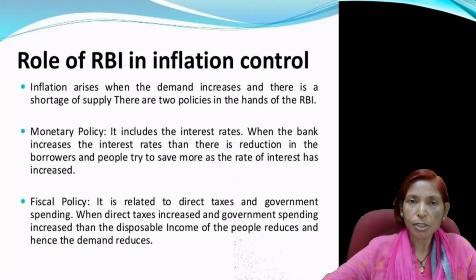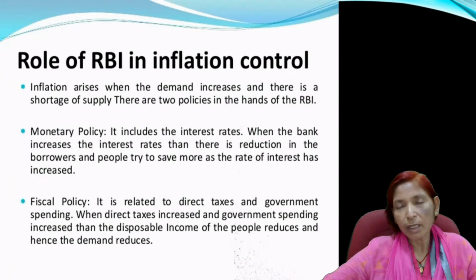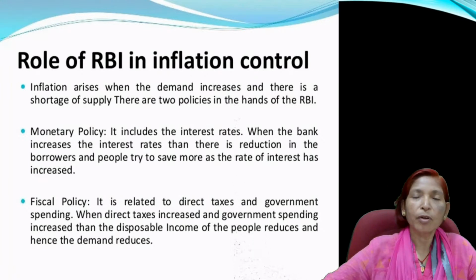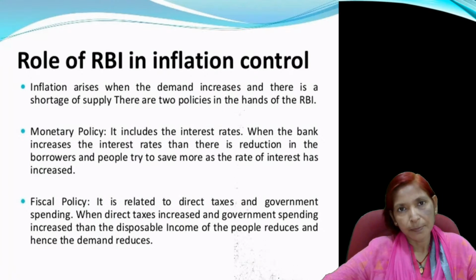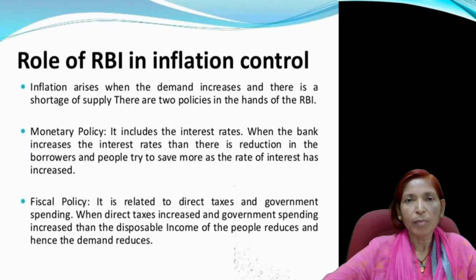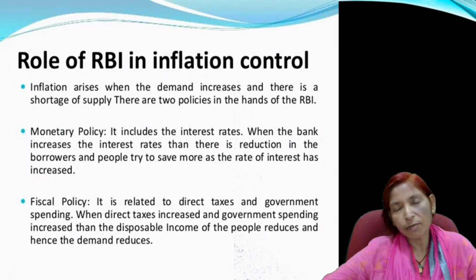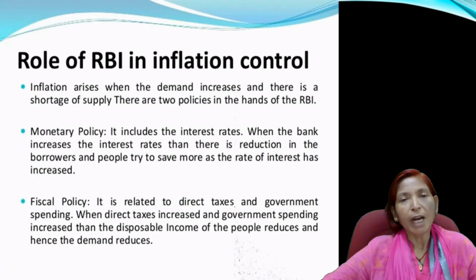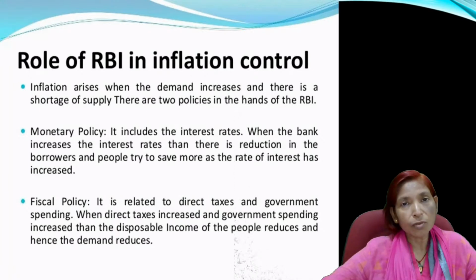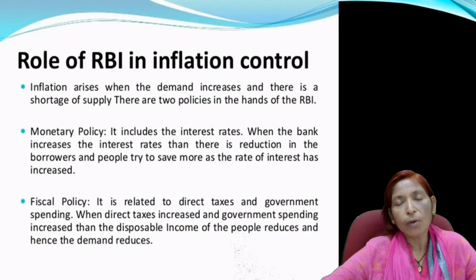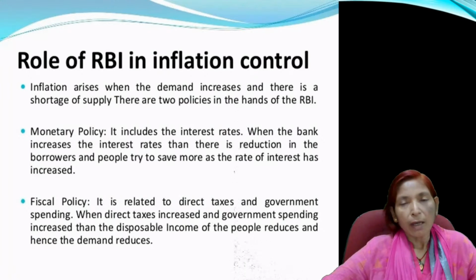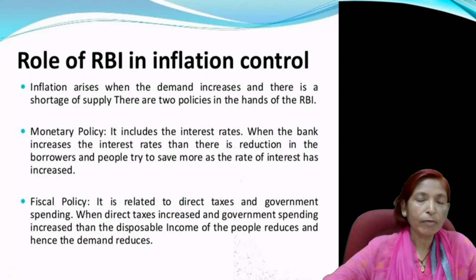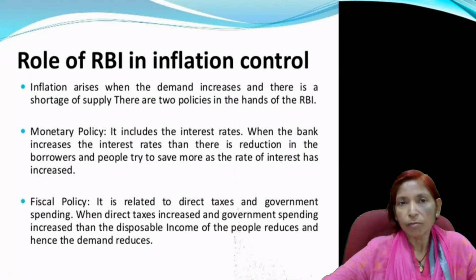And one is cost push inflation. If cost of production increases, then price of the product will also increase, and in this case inflation occurs. So inflation may be there so many types: demand pull inflation, cost push inflation, creeping inflation, mild inflation. Mild inflation is that situation in which price rises very lowest rate, and walking inflation, running inflation, galloping inflation, and hyperinflation.